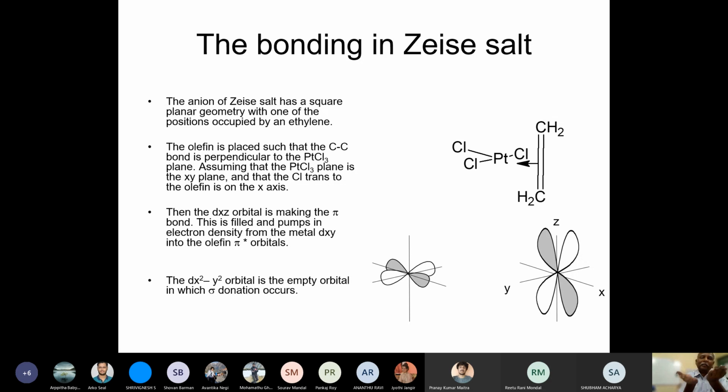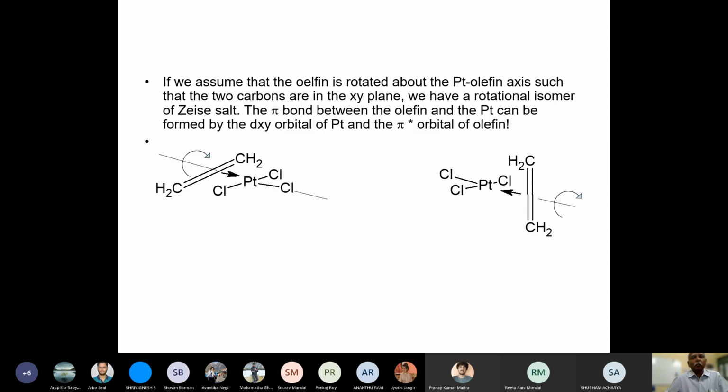In both of them, there are d orbitals which are available, and depending on the electronic factors, the d orbital orientation can be adjusted. The olefin orientation can be adjusted. Okay. So let me stop here, and I will continue in the next class, or in a supplementary lecture. I will give you the information regarding metal olefin complexes.